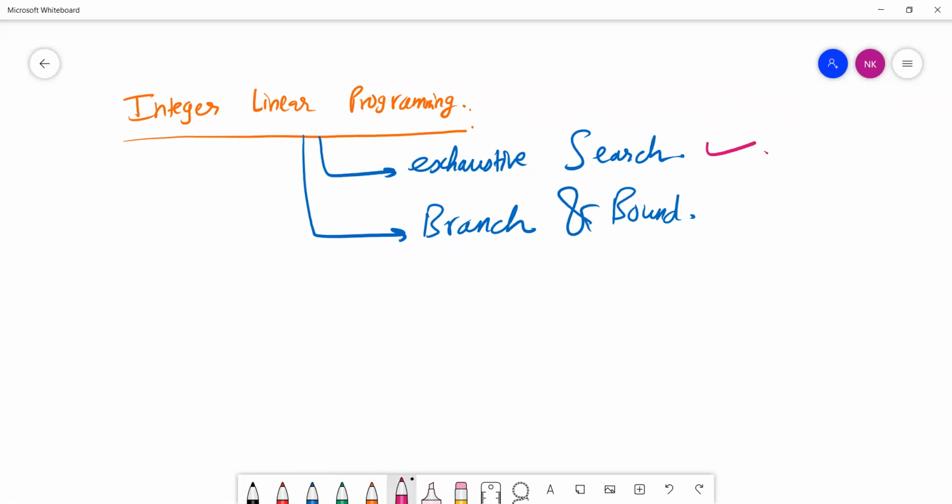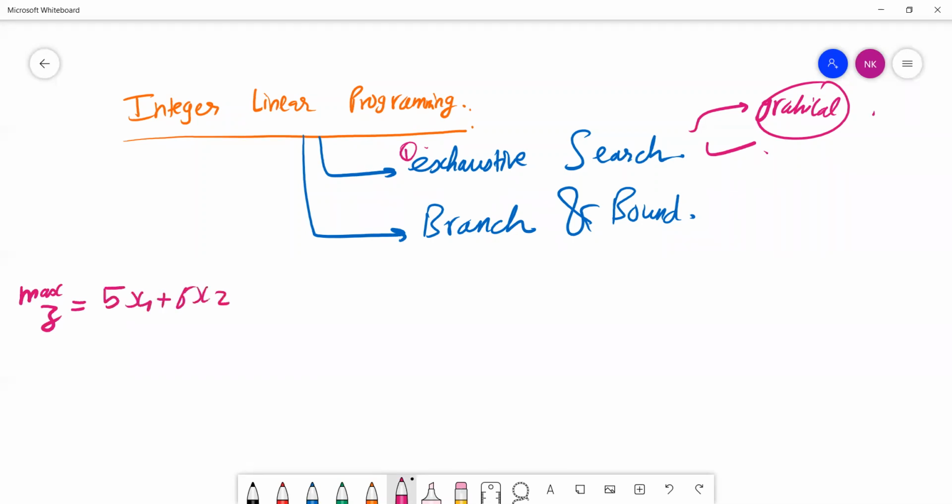Now, exhaustive search is the same as the method we have in the graphical method. So I would be doing this first method, the exhaustive search, right now, because it will also give you practice of the graphical method. Fine. So let me write the question directly. Your question is to maximize the objective function 5x1 plus 6x2.